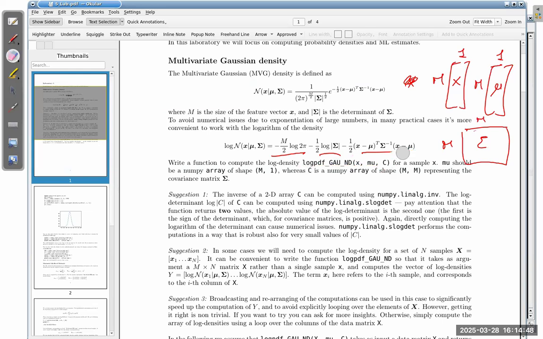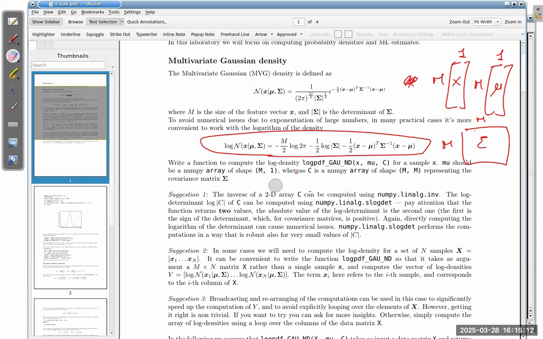In the text it is sigma, but we can't use sigma as a variable in the code. So we'll typically use C for the covariance sigma and P for the precision lambda in the code. In any case, given these three values, compute the log density for x given mu and sigma. So this expression.